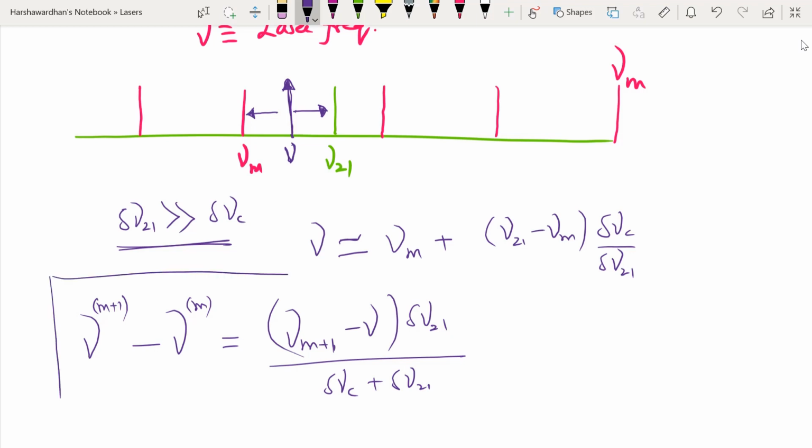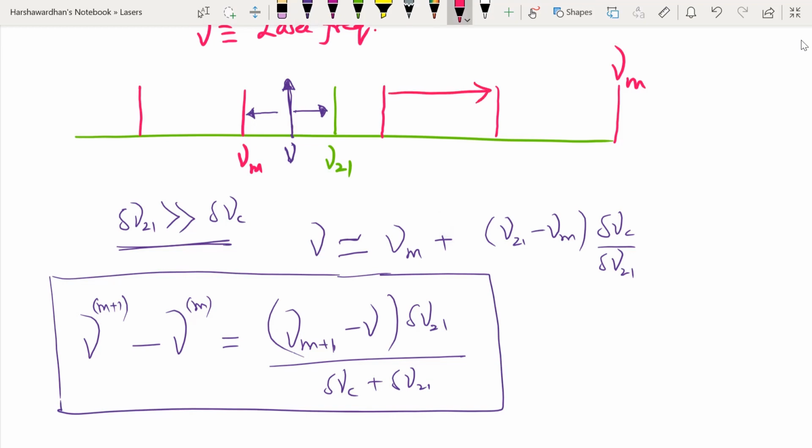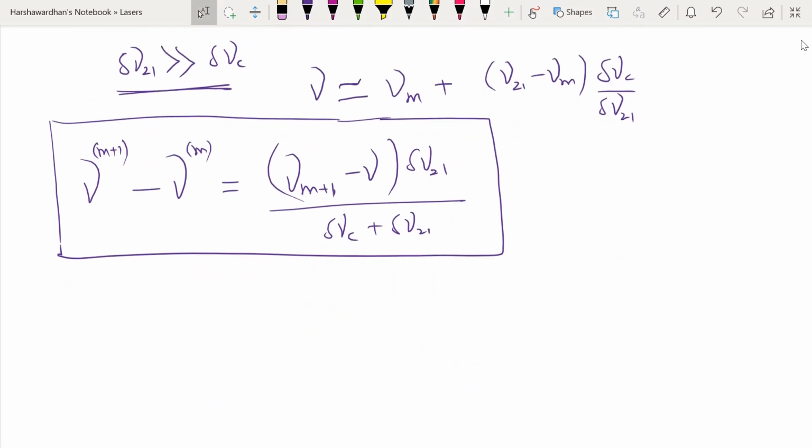So clearly you would see that the original difference, which was the difference between the bare atomic frequencies, is no longer so.